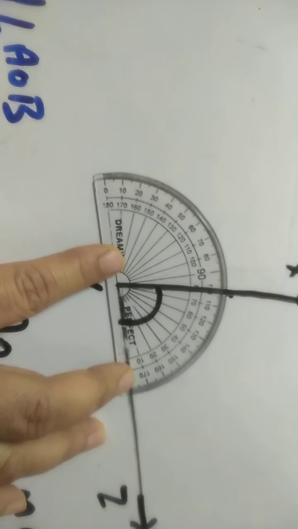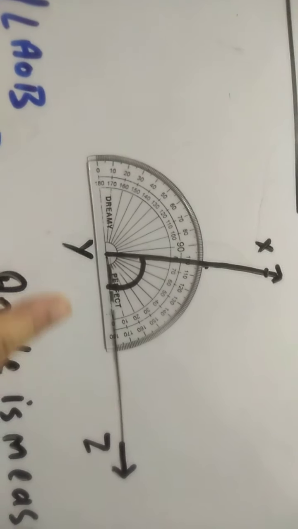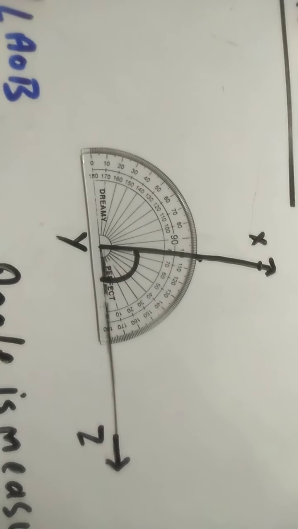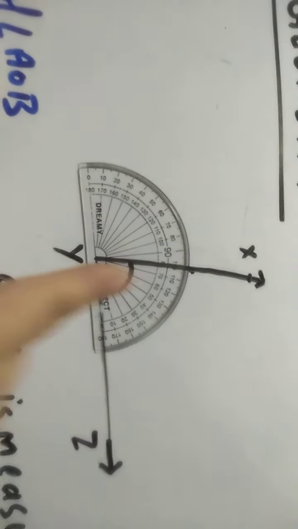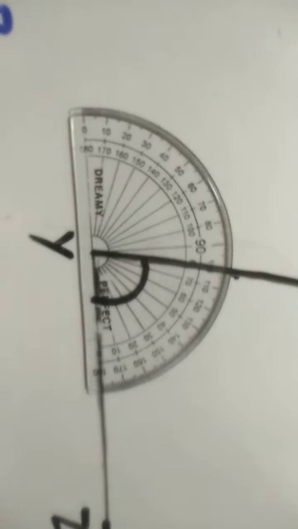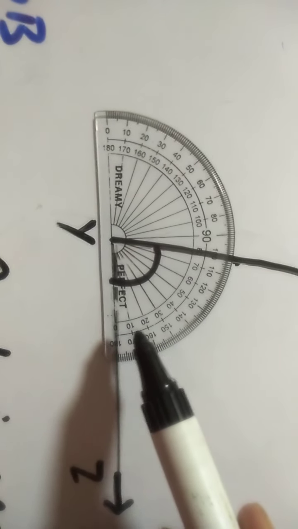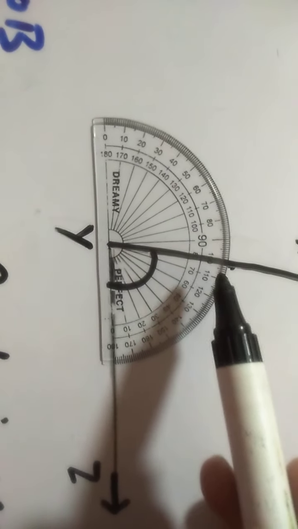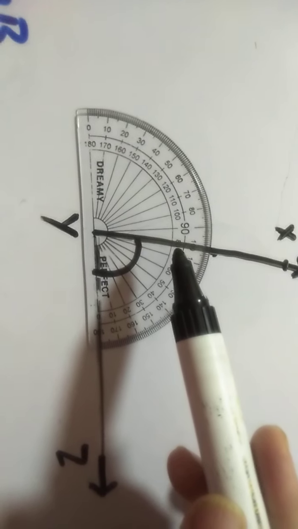Totally on it. Now you can see this YZ is the ray, and you have to see where the ray YX is going. You can see the numbers here: 10, 20, 30, 40, 50, and then we can see this ray is touching 80 degrees.